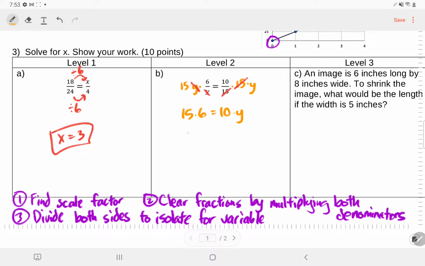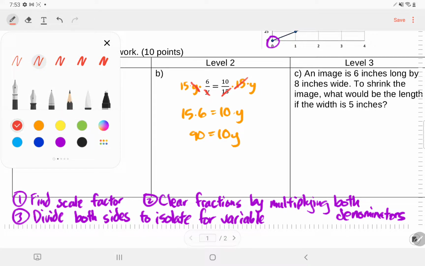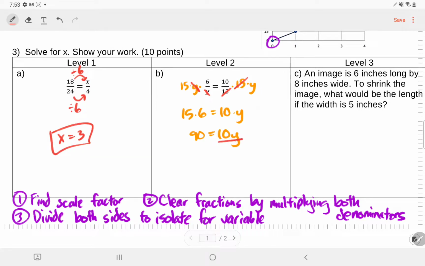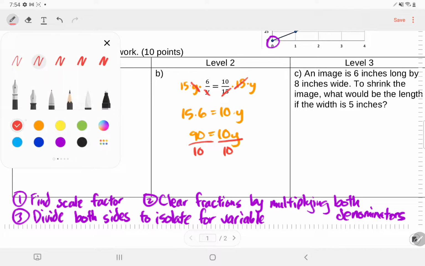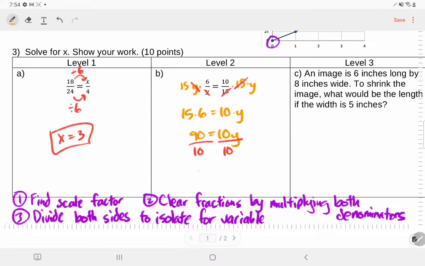Now we simplify: 15 times 6 gives us 90, and 10 times y gives us 10y. Last but not least, we're going to divide both sides to isolate the variable. We want to get the variable y by itself, so divide both sides by 10. Therefore, our final answer is y equals 9, because 90 divided by 10 is 9.